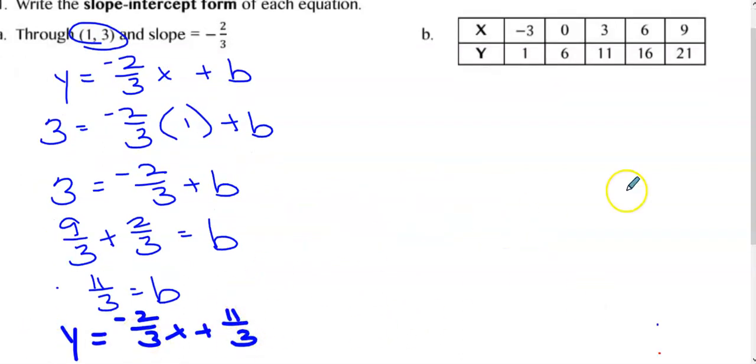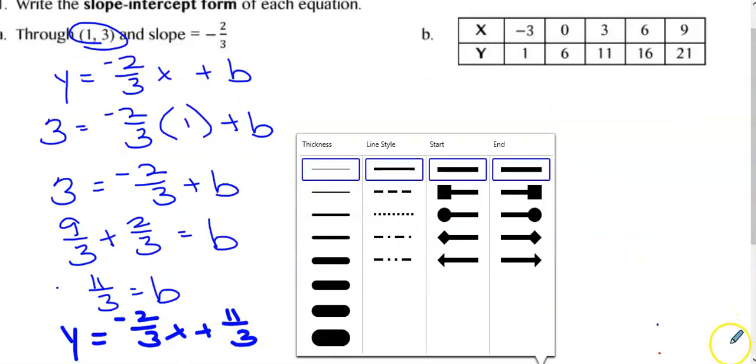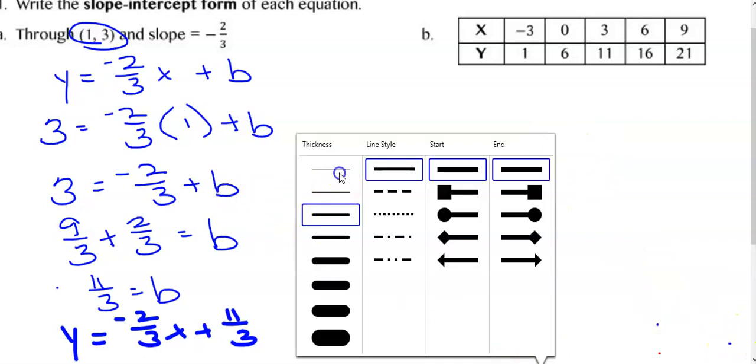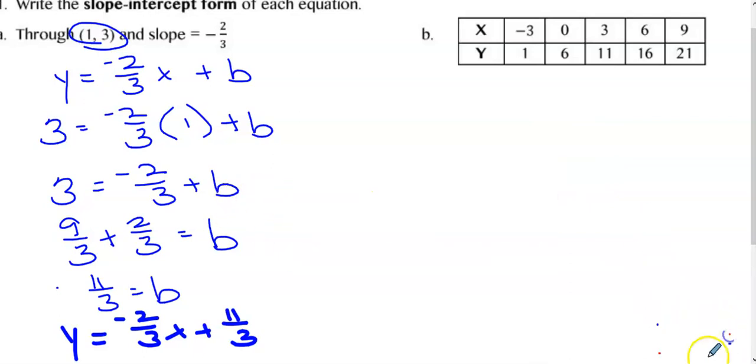Okay, so I moved it down here so we have room over here. I'll do this in a different color so we don't get them mixed up. So this one again says slope-intercept form, so we know it's a line. We have some ordered pairs, and one thing that I notice is where x is 0, y is 6. So I know that the b part of that is going to be 6. I don't know the slope, but I can find the slope by using ordered pairs.